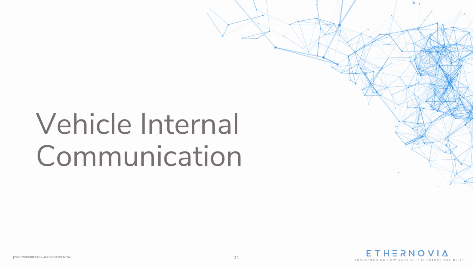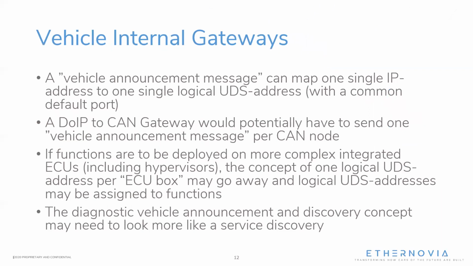And as you saw before, the vehicle internal communication, when all of this was started, was actually assumed to happen over CAN. It was not assumed to work over Ethernet. So something like vehicle internal gateways were actually not really considered. If you look at the vehicle announcement message, it announces a single UDS address to be associated with a single IP address.